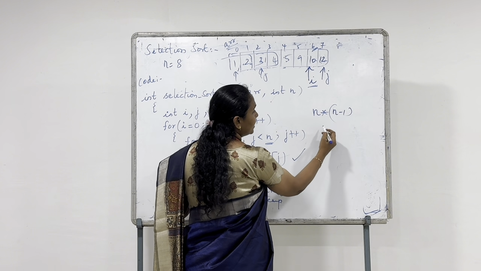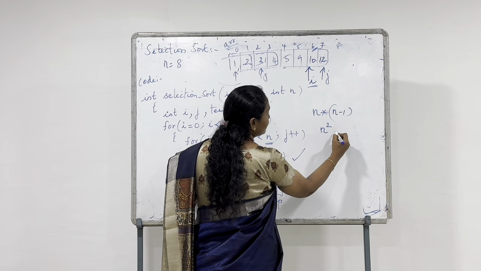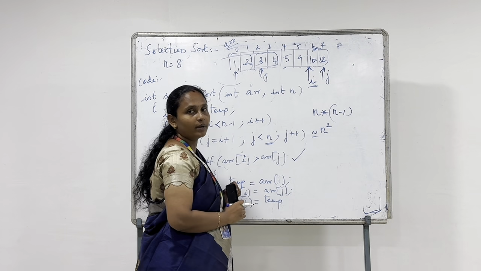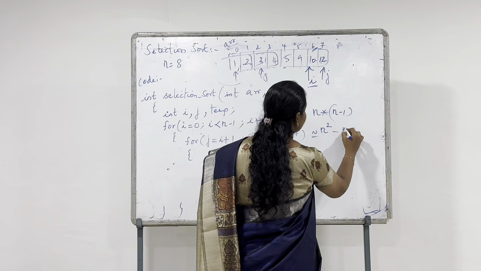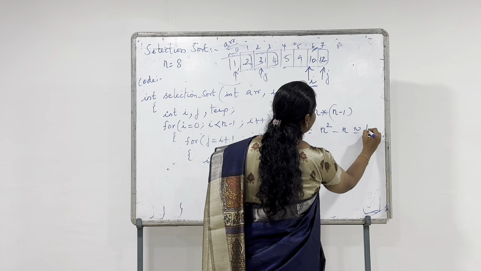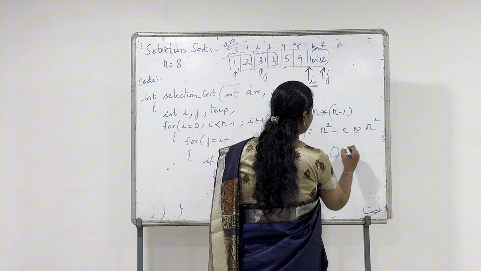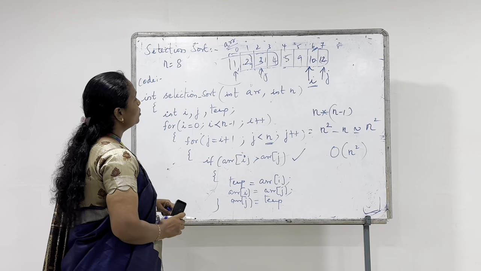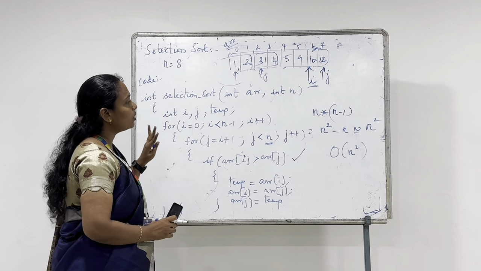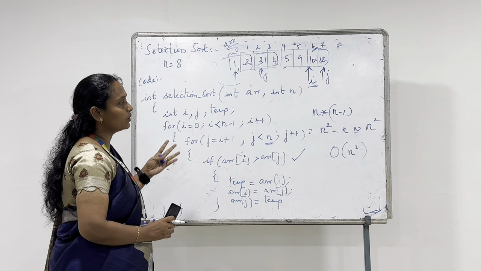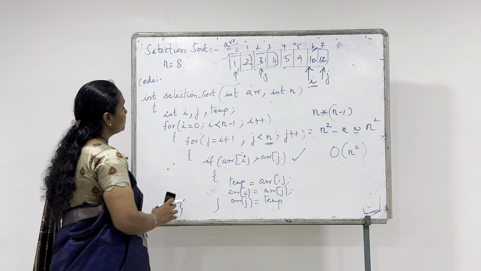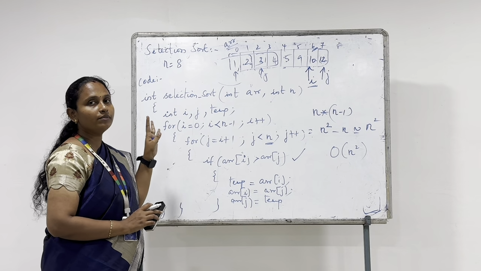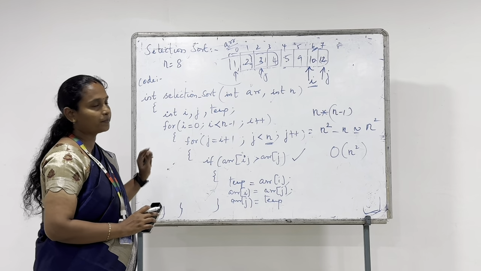So totally it takes approximately n square running time, n square minus n, which is approximately equal to n square. So the time complexity of this algorithm is big O of n square. This is normally the case for all comparison based algorithms. So this is about selection sort, and the next sorting algorithm we are going to see is merge sort.